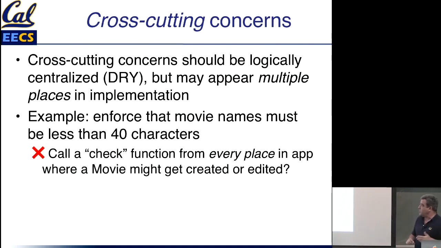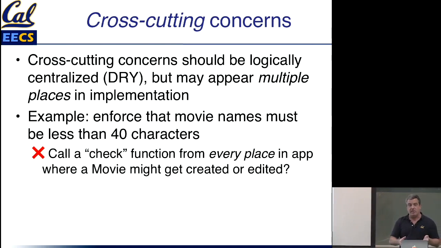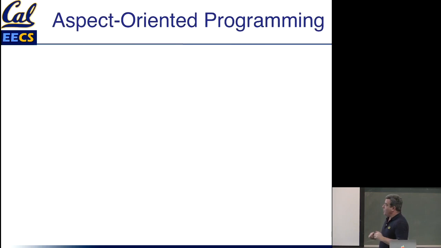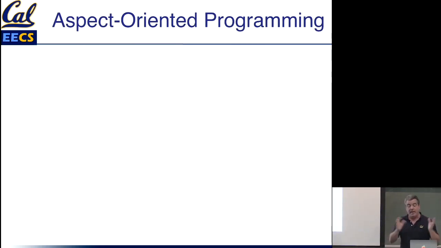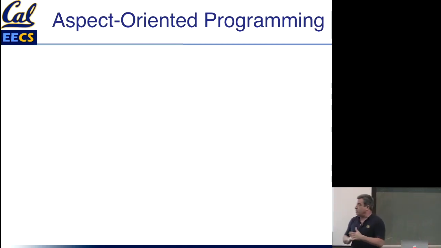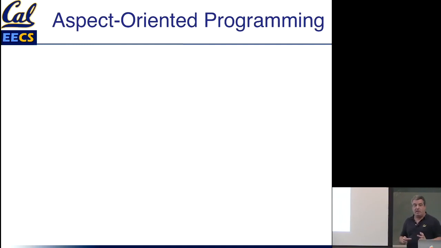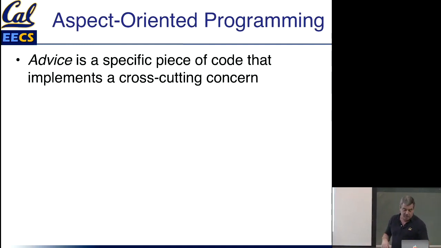So what is a way to handle concerns like this, still keep the information in one place, but avoid that level of repetition? To do that, we will bring in a couple of ideas from aspect-oriented programming, which my guess is for most people is a phrase you haven't necessarily worked with before. The idea of aspect-oriented programming is that you can capture these cross-cutting concerns in a way that is almost independent of where in the app you're going to use them.